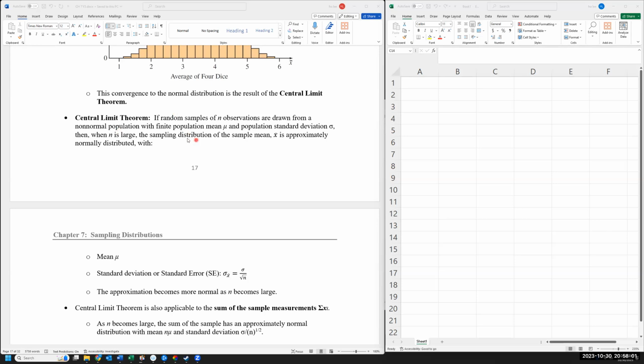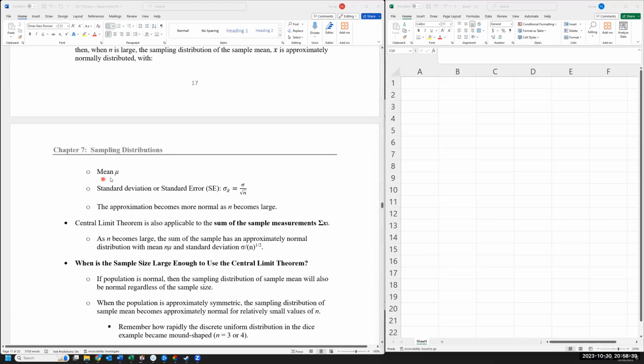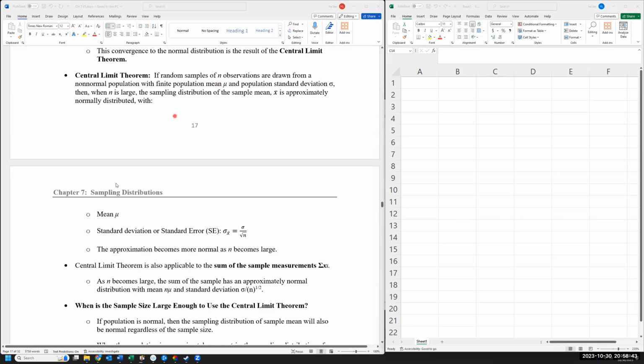All right, let me try this again. If random samples of n observations, sample size is n, are drawn from even non-normal populations with finite population mean of mu, the population mean parameter, and a population standard deviation parameter of sigma, when the sample size gets large, the sampling distribution, the distribution of the sample means, is approximately normally distributed with the mean of mu, the population mean, and the standard deviation of sigma divided by square root of n.